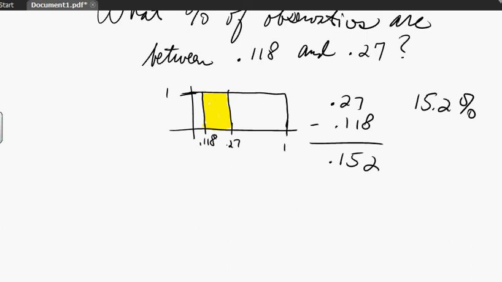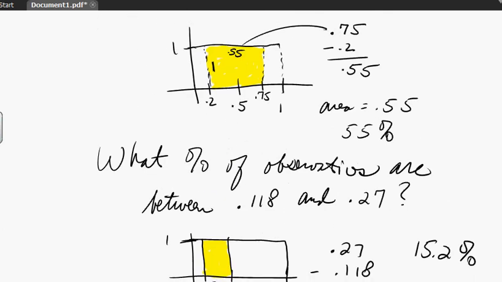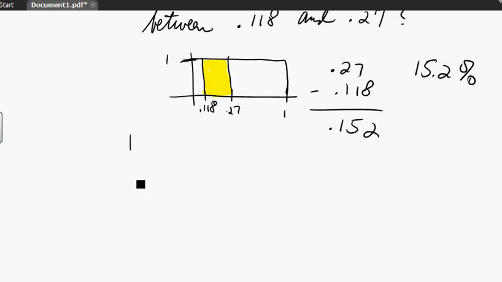Now I'm going to ask you some statistical questions about this distribution. Same distribution. What's the median?